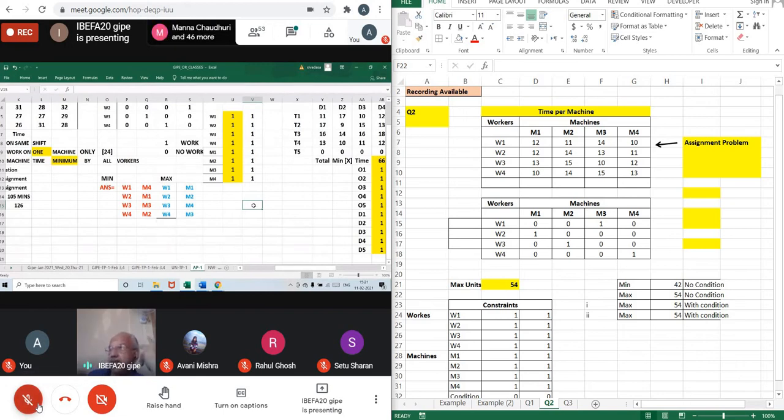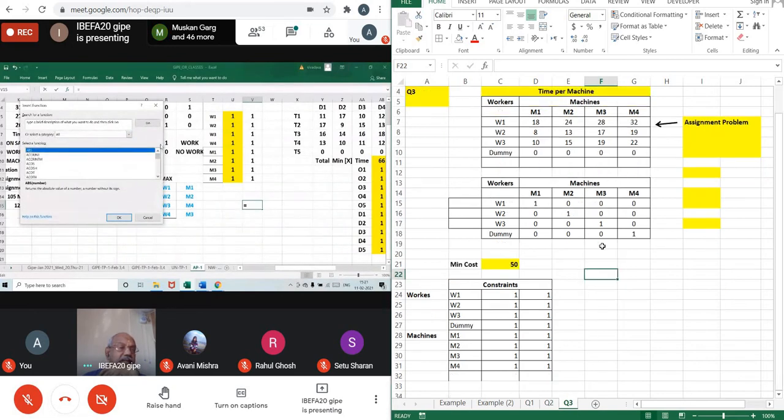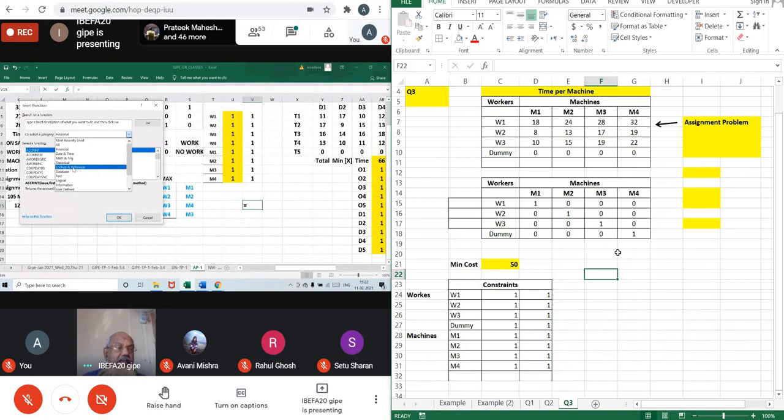Excel is such a vast area. Excel is not simply statistics and operation research. It can do many things. In functions itself you see, all the functions, look how many there are: financial, mathematics and trigonometry, statistics, lookups and reference.